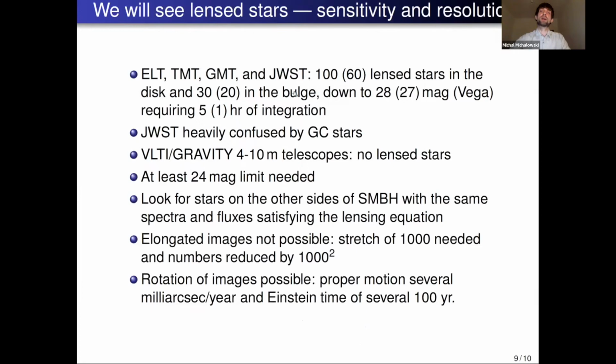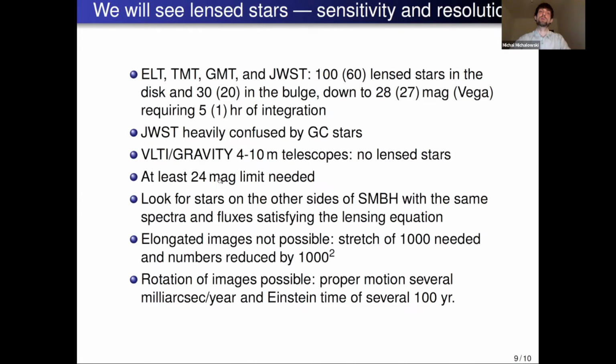However, for James Webb, there is a complication here, because in these calculations, we do not include confusion. And James Webb will have worse resolution than the other telescopes considered here. So it will be heavily confused by stars which are orbiting the supermassive black hole. So with James Webb, it will probably be difficult to see that.